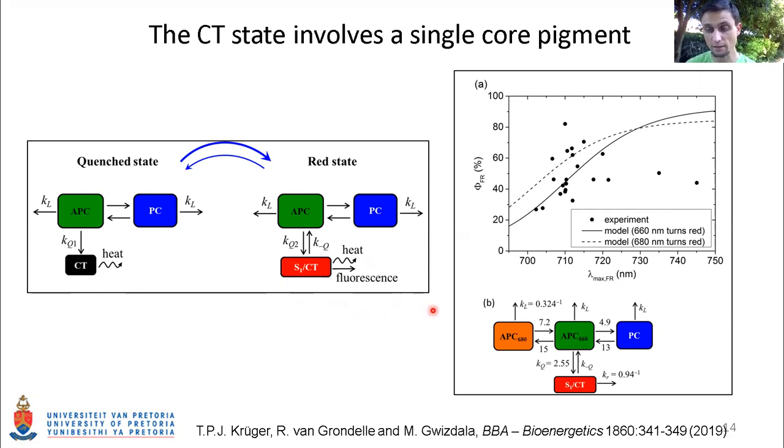On the right is a slightly expanded version of this model, where I've separated the 660 and 680 nanometer emitting pigment pools in the core. Doing this, I managed to reproduce the experimental data pretty well. In this plot is shown the degree of quenching as a function of the peak position of the red emission.